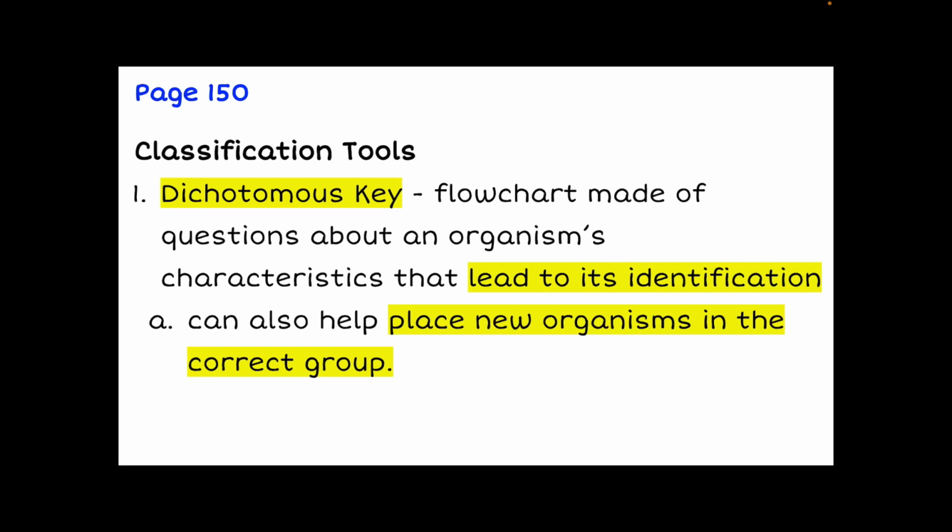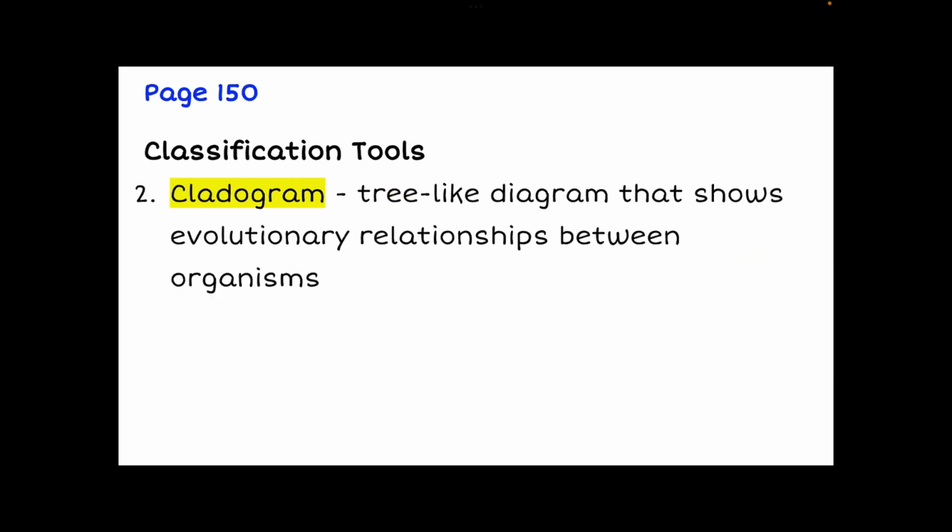These dichotomous keys can be used to identify a previously known organism, but they can also be used to figure out where a brand new unknown organism would fit so that we have a better understanding of how the new organism is related to things we already know about.